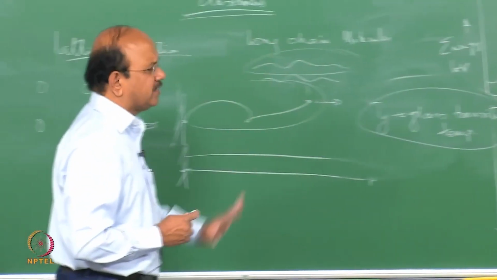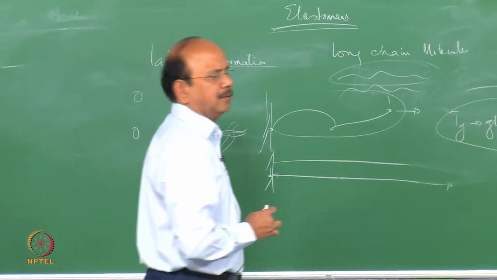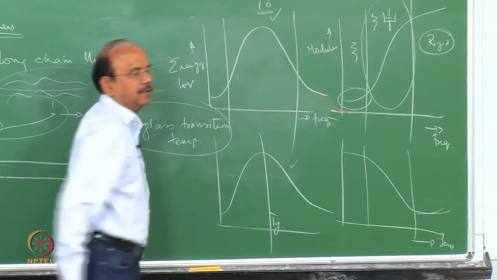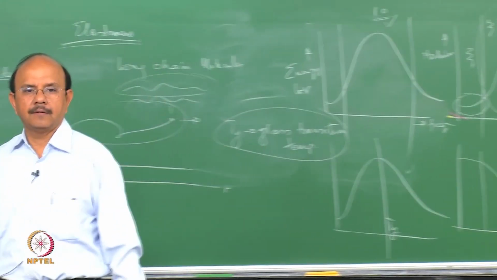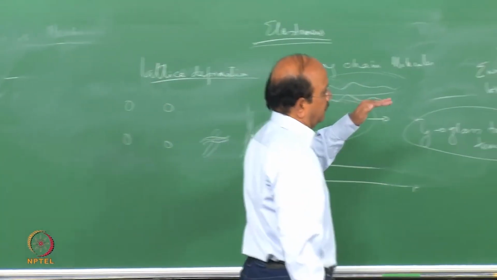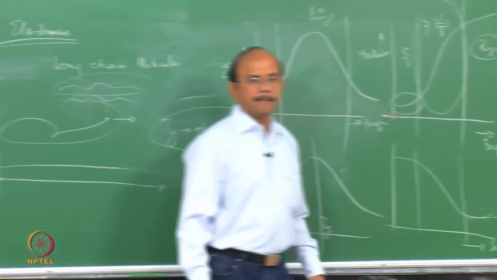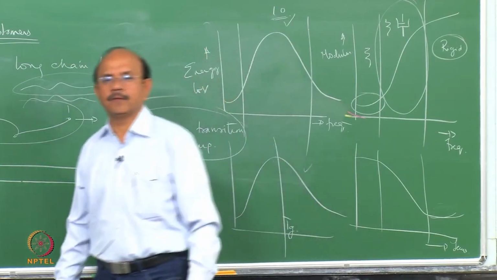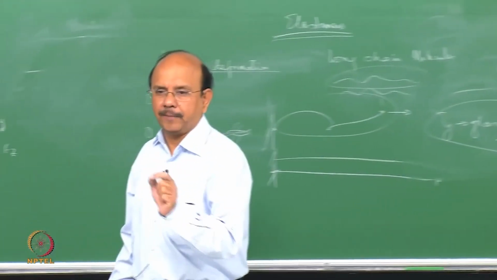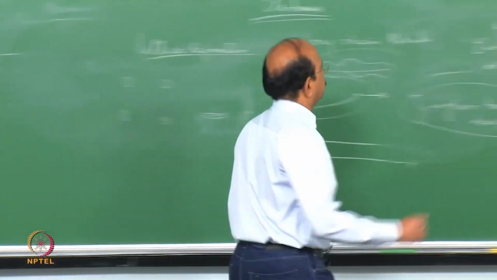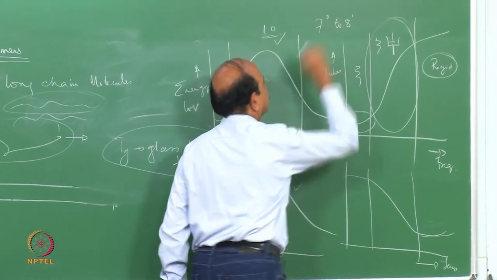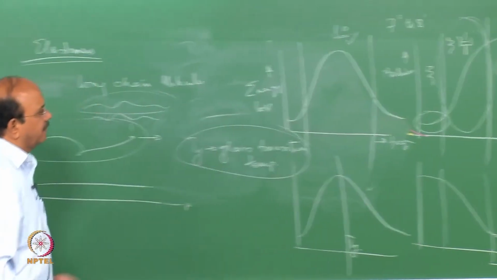So it is usually said that when the frequency increases by a factor of 10, there would be a change of temperature of 7 to 8 degrees. What is this change?